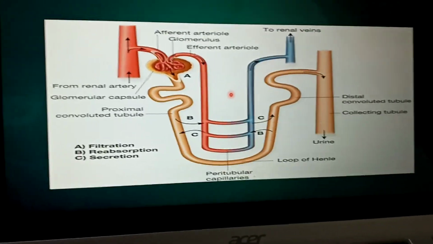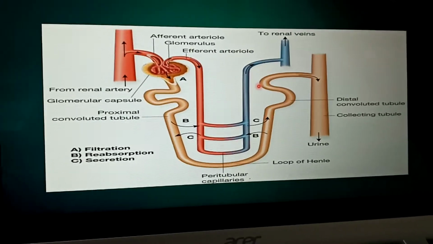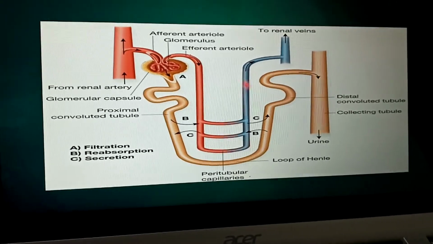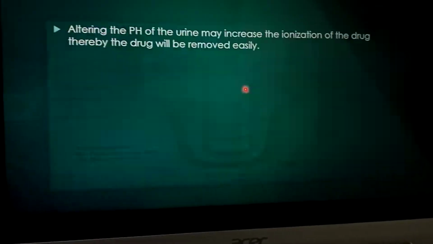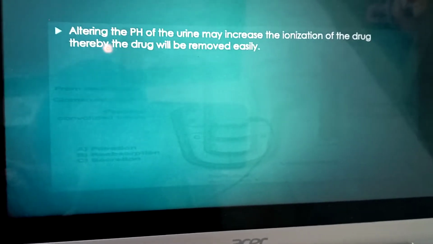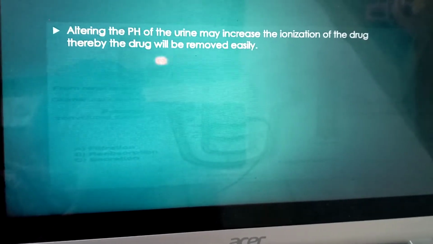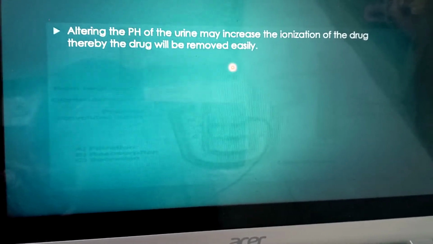Another thing I want to include in this topic is the alkalinization and acidification of the urine. This line will show us that altering the pH of the urine may increase the ionization of the drug, so the drug will be removed easily.